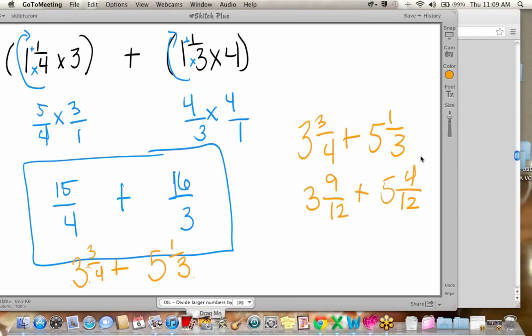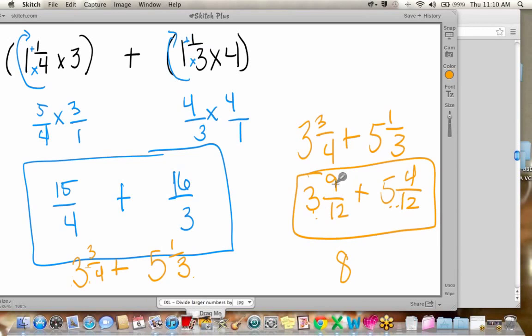So now I'm to this step. I just have to add them up. Add your whole numbers first. 3 plus 5 is 8. And now I'm adding 9/12 plus 4/12, which equals 13/12. Here's the thing. I have a whole number stuck inside of there.